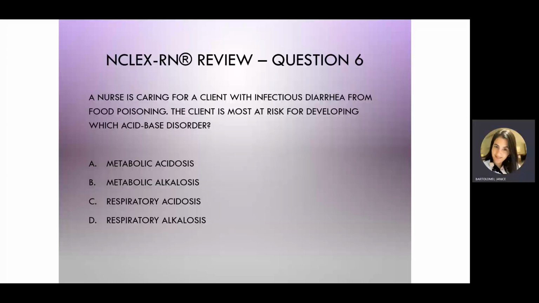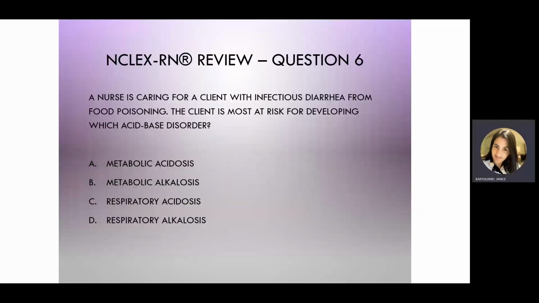You remember from the lecture? We have a lot of base. Our intestinal secretions are very high in bicarb. So whenever we're losing diarrhea, basically this turns into a metabolic acidosis state.